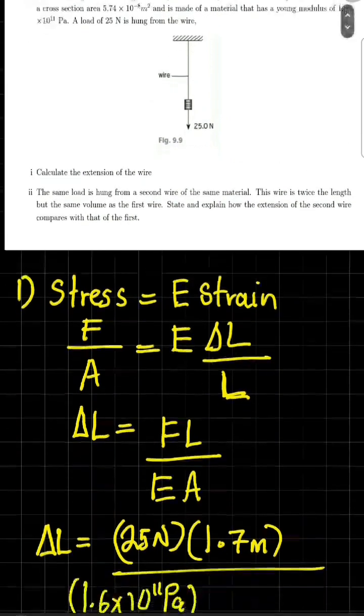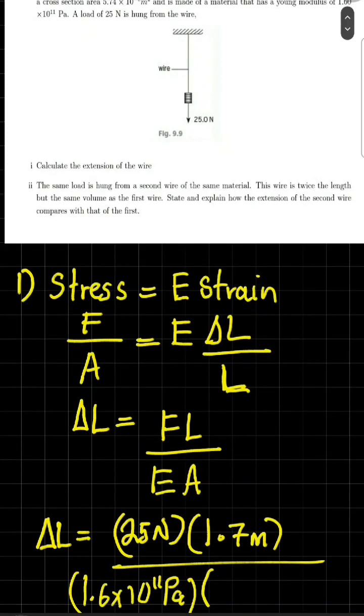And the cross-sectional area is 5.74 times 10 to the power negative 8 meters squared.